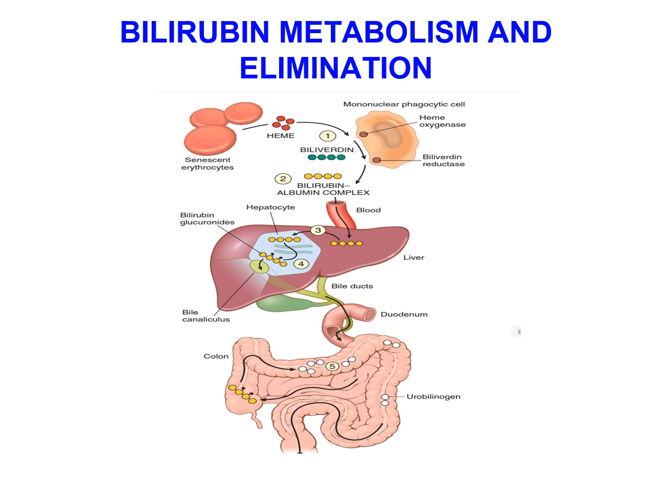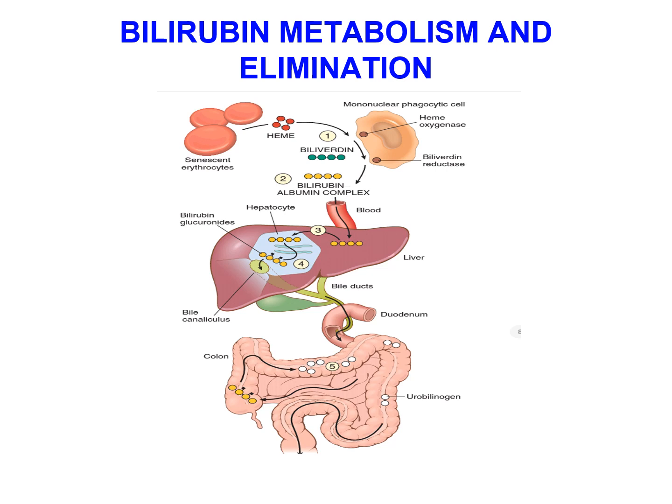Now let's discuss the bilirubin metabolism and elimination. So the first step would be the normal bilirubin production from the heme, and that's about 0.2 to 0.3 grams per day, derived primarily from the breakdown of senescent circulating red blood cells.